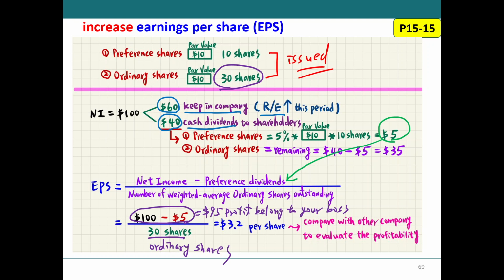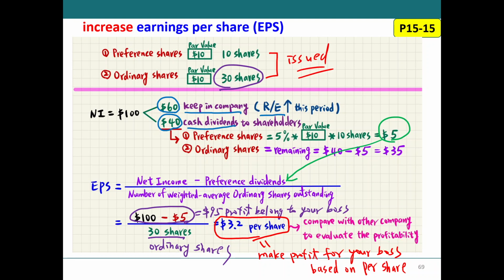Any questions so far? This is the profit for your boss per unit, based on per share. So that's how we find the profit for your boss. Each share earns a profit of $3.2.